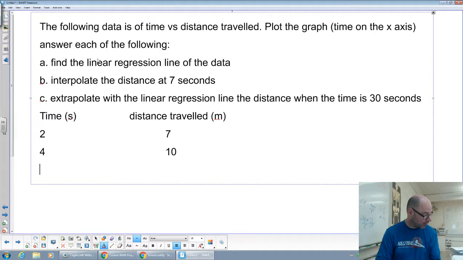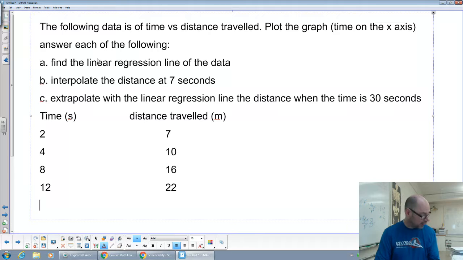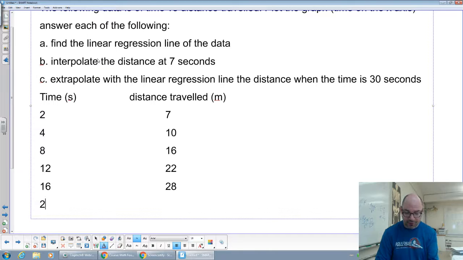There's 6 points here that we're going to plot. 8 and 16. Then we got 12 and 22. Okay, then we've got 16 and 28. And then finally 20 seconds and 34.